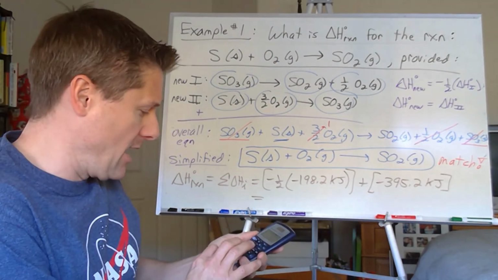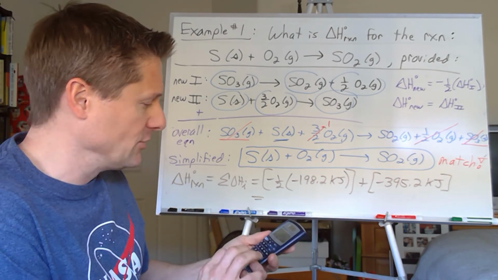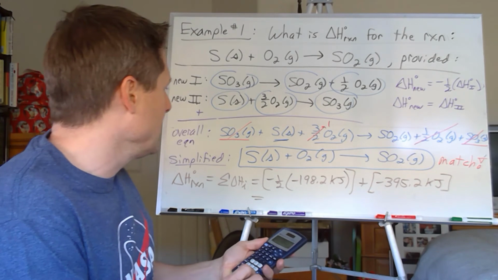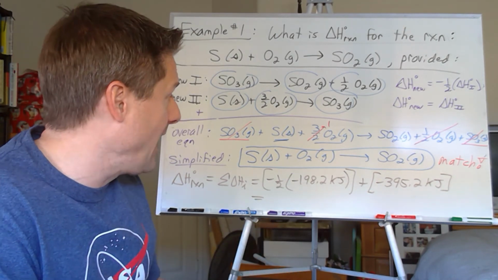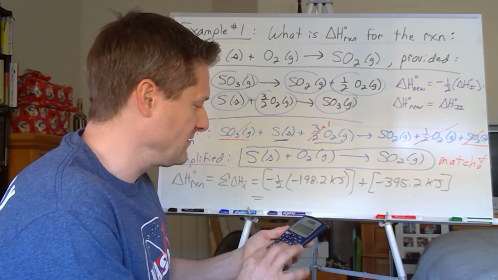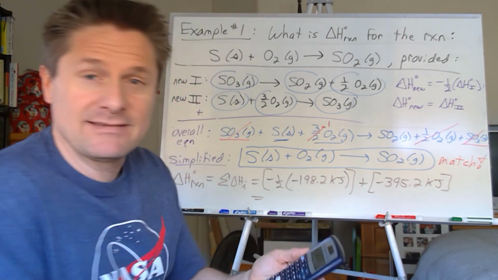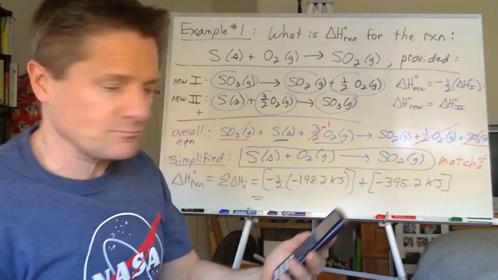So let's take 198.2 and divide that by 2. That gives me a 99.1, and that, in negative times negative, that's going to be a positive value. And then subtract 395.2, you get 296.1 on your calculator there. Wow, I don't know if you can read that.